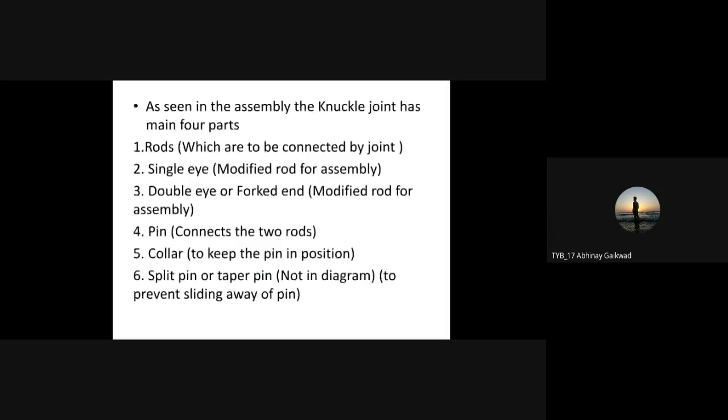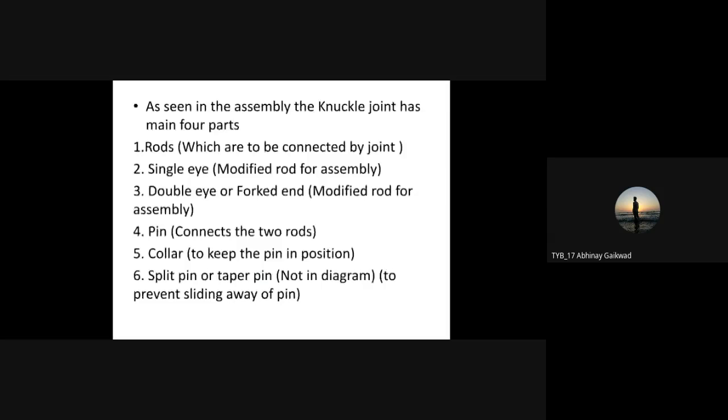So as we see this assembly of the knuckle joint, there are 4, 5, 6 main parts. This 4, 5, and 6, as I told, are not that important. The fourth part is no doubt important, but the fifth and sixth parts are nothing but the collar and the pin which is provided.